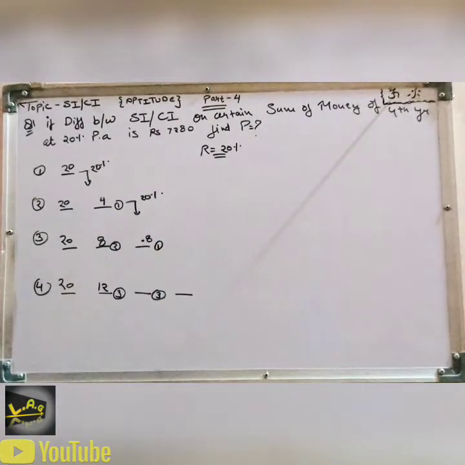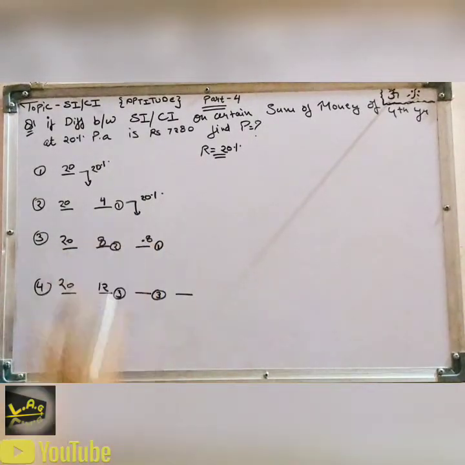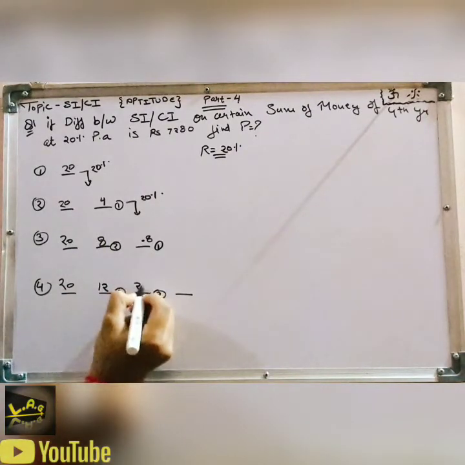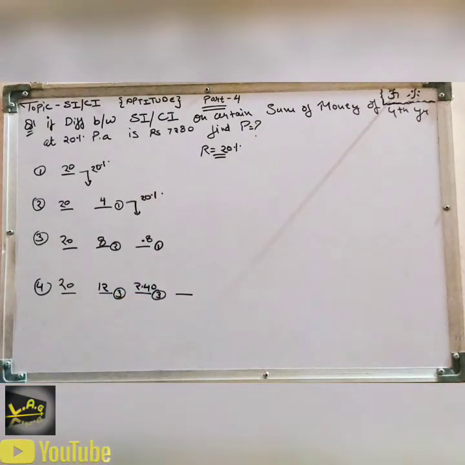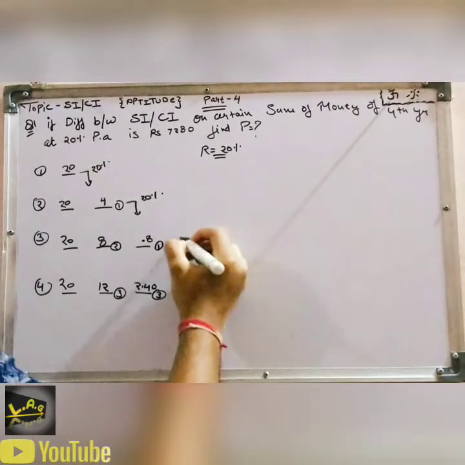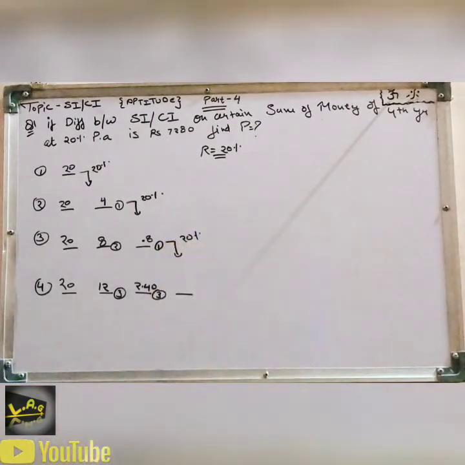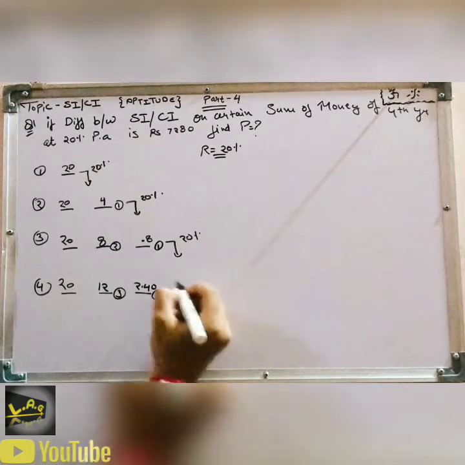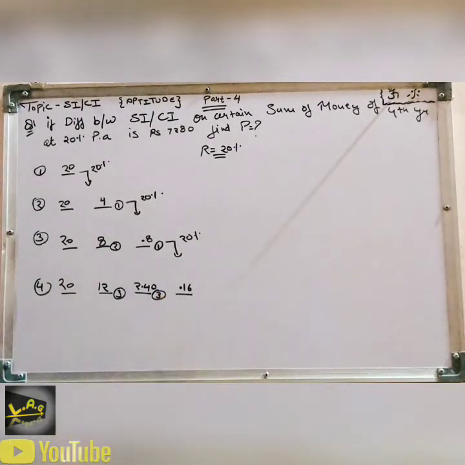Now 20% of 8 will be 2.40. Now 20% of this will become 0.16. This sequence has been completed.